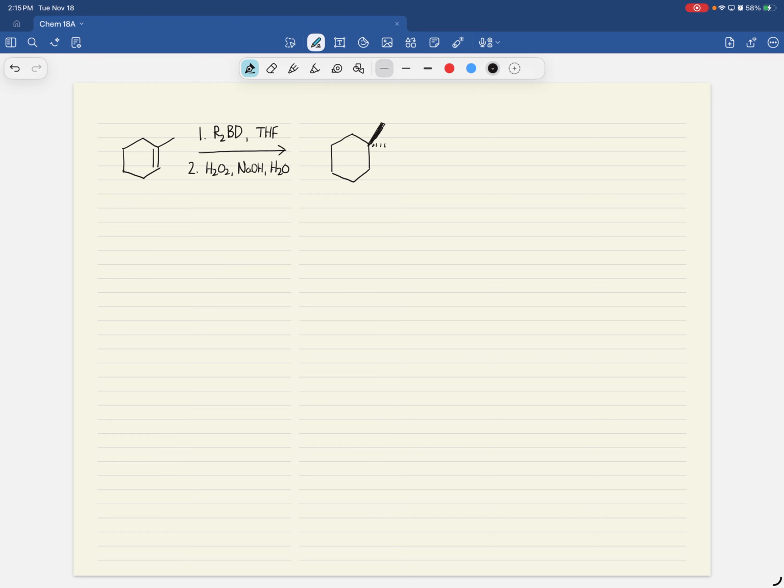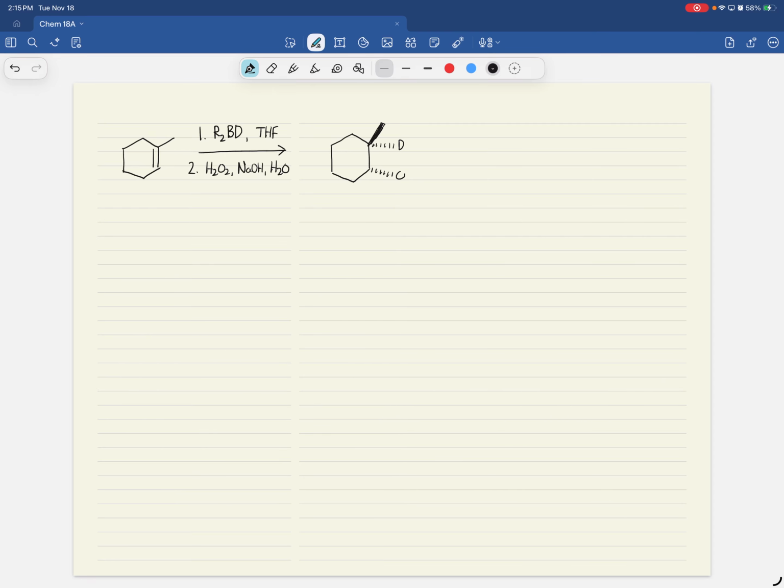The deuterium is going to come out from the bottom. Now, where will the alcohol show up? Is it going to be trans to the deuterium or cis to the deuterium? Let's think. What kind of addition was it? Syn, right? So was that the same face or the opposite face? Same. So let's draw this wedged, okay?